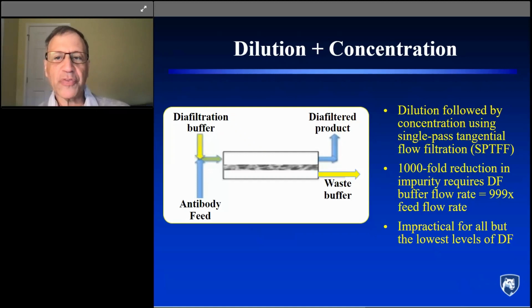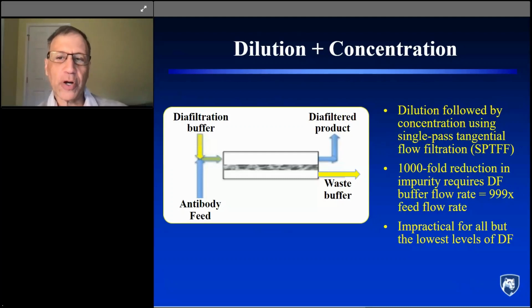But in a continuous process, we could think about doing this sequentially, where we would take our antibody feed, dilute it with a buffer, and then reconcentrate it in a membrane module, which would remove the old buffer components and leave our antibody in the desired new buffer.